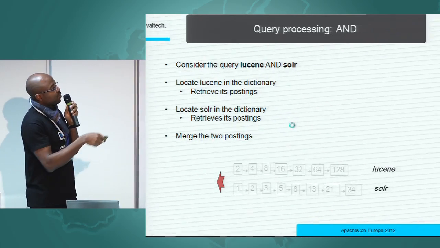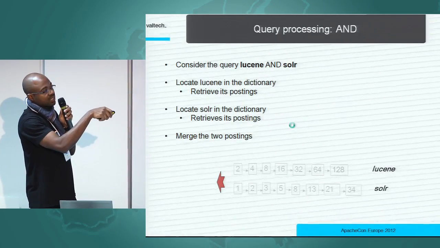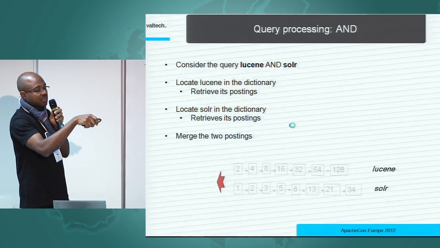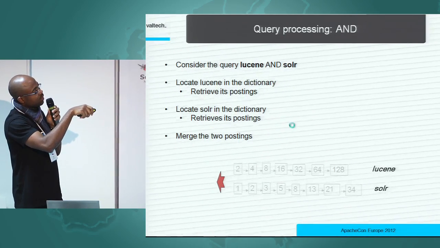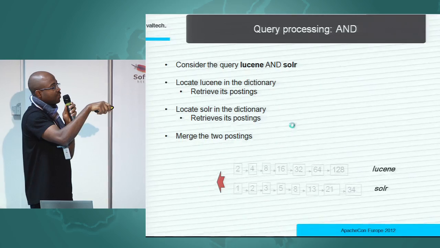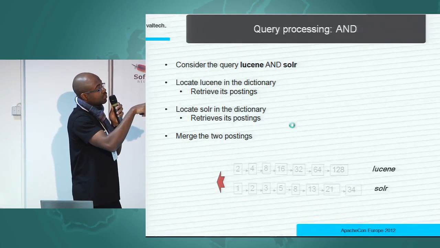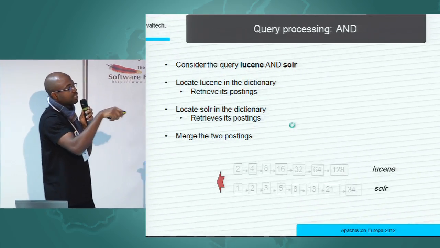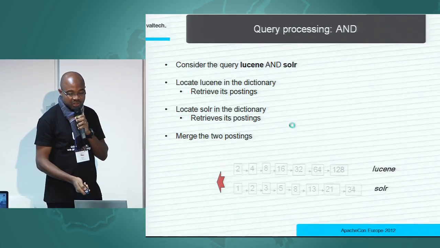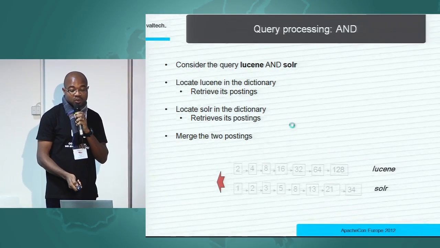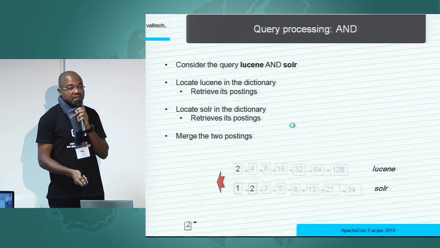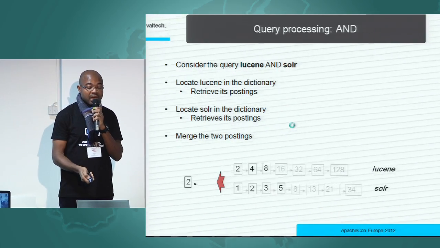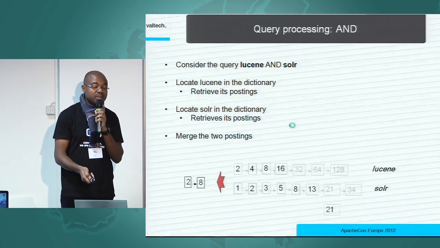The software will locate Lucene in the dictionary and retrieve its postings. Then it will locate Solr in the dictionary and retrieve its postings too, and merge the two postings. Merging the two postings is just navigating through the postings simultaneously. That is why the postings are sorted by doc ID.